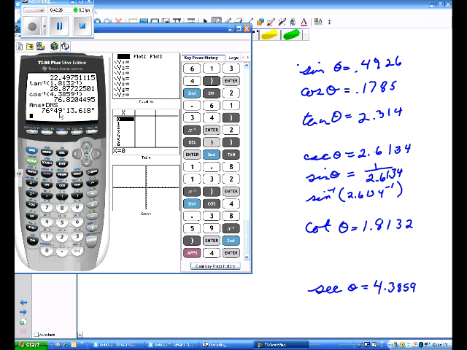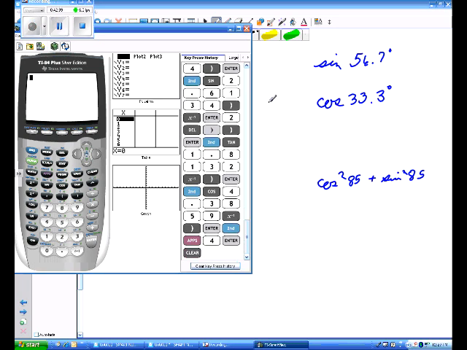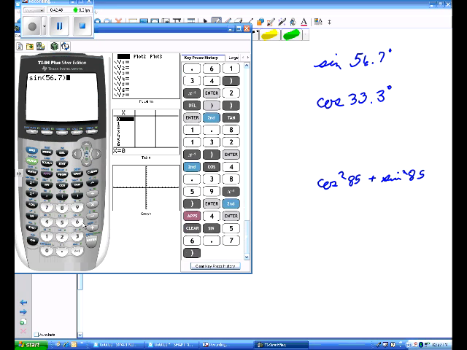Now, we can do lots of computations with these, and we can see certain things. Let's look at a few problems that deal with concepts that we already know. Here we're looking at the sine of 56.7. We get that the sine's 0.8358.